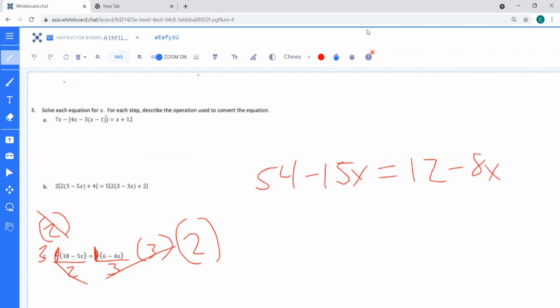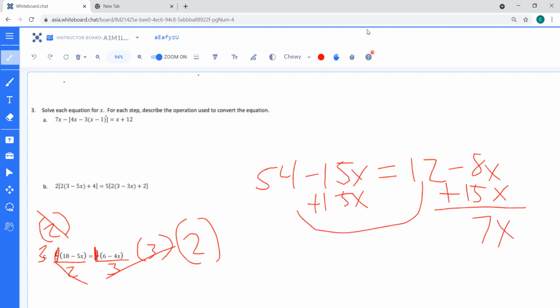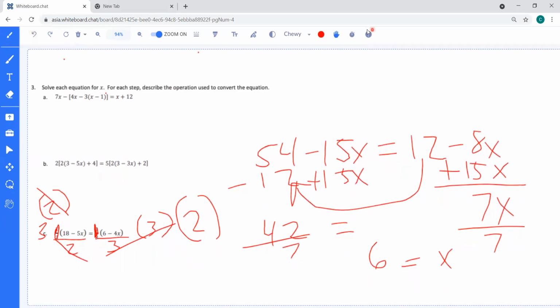I don't want a negative x, so let's add 15x to both sides. That would give me 7x. Let's move this 12 to the other side by subtracting it. So that would be 42 is equal to 7x, divide by 7, x equals 6. There you go. That's how I would do that one.